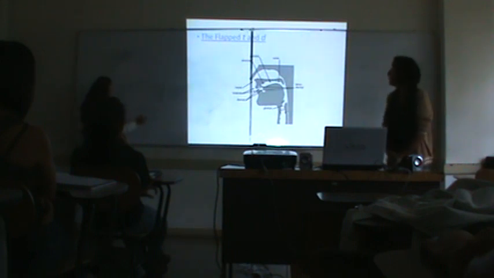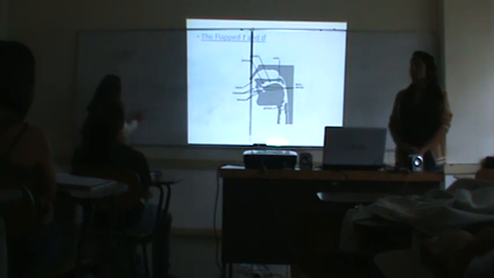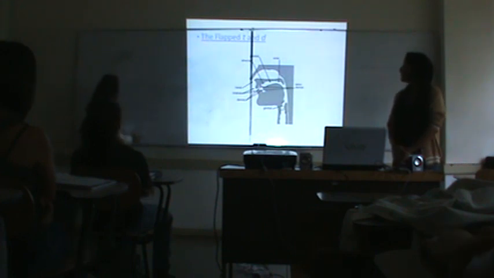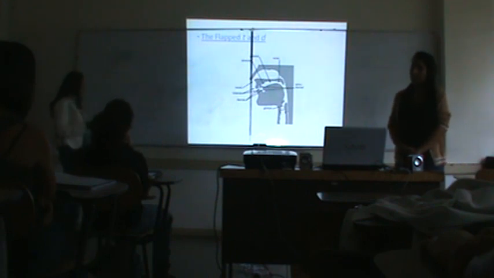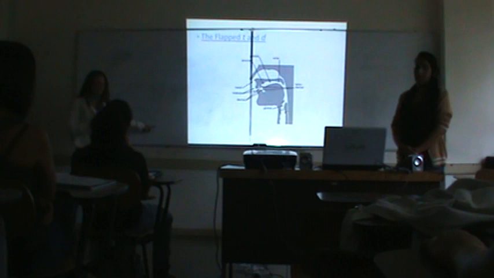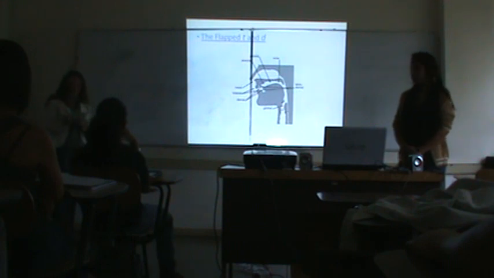The stress is here, and in this one it's here. So the unstressed syllables are pronounced with the flap T, like letter. And here we have attack, and we use the T sound.